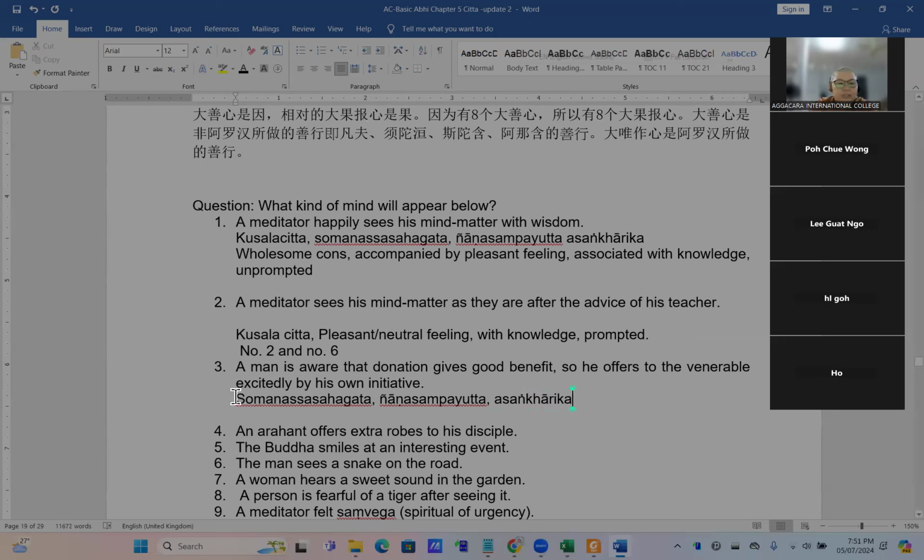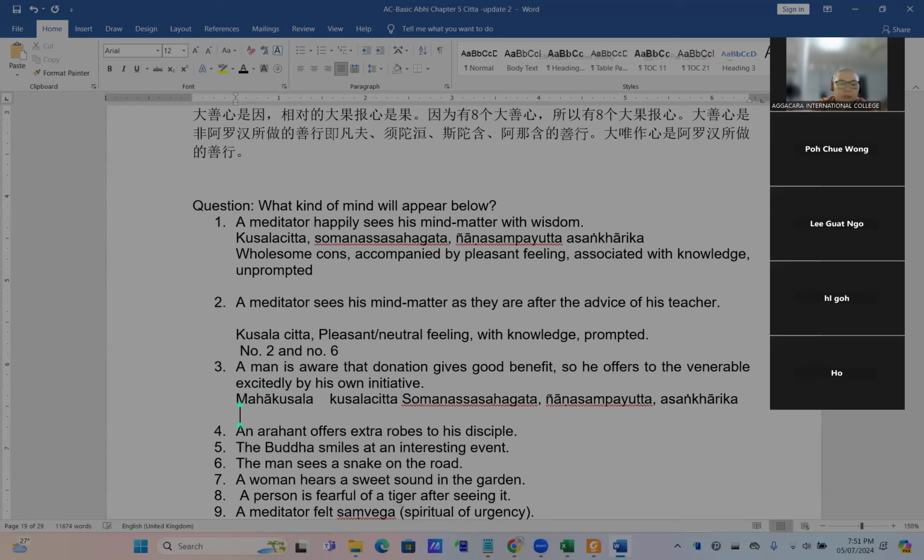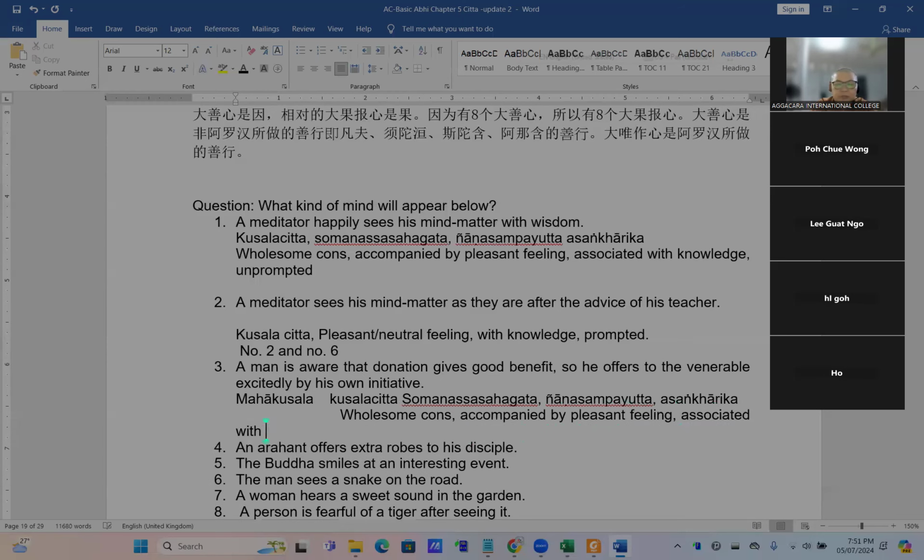Okay, now you need to write the Citta. What kind of Citta is it? Kusala Citta. So we call it Maha Kusala. You can write the word Maha Kusala or just write Kusala Citta, okay? Translate to English, it will be wholesome consciousness accompanied by pleasant feeling, unprompted, associated with knowledge.